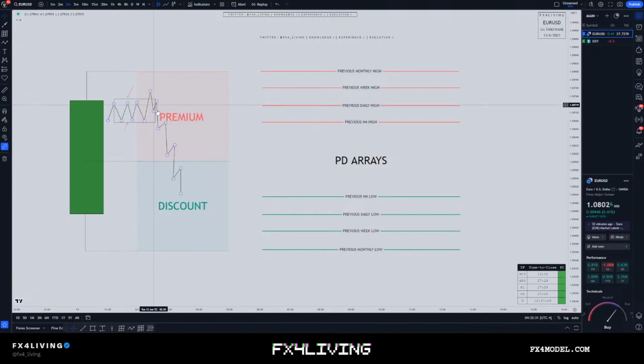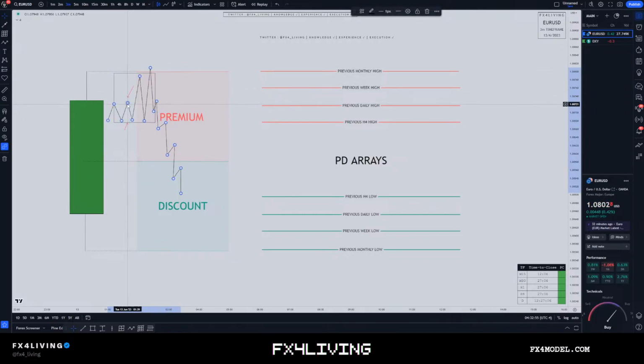So if your Asian range is inside your previous premium zone, that means you want to see a manipulation above the premium PD array from the session. I can show you our day we have right now on EU.